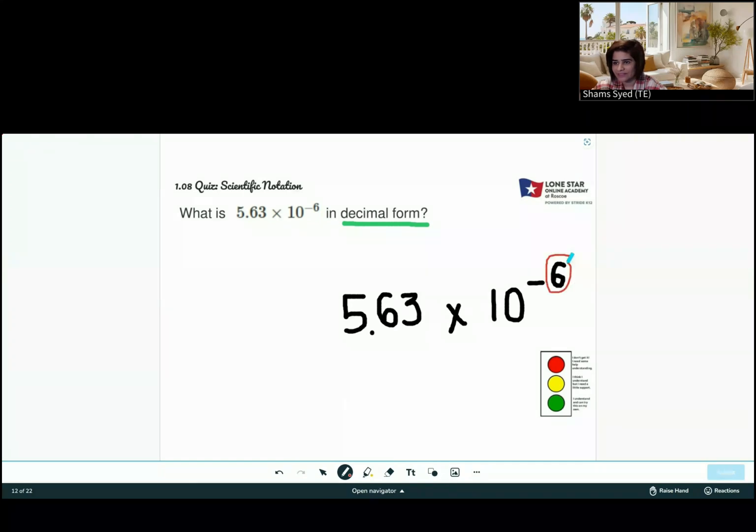The power is a -6, right? -6 is going to make the number smaller. Violet, excellent. -6 tells you to go to the left. The decimal goes to the left. Okay, power is -6, decimal goes to the left. Elizabeth, excellent.